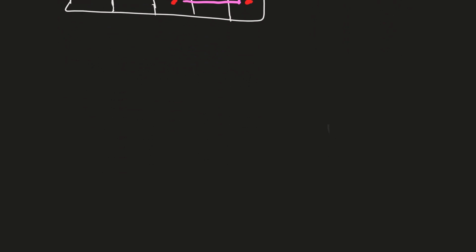Now, let's go ahead and try drawing another one. Now suppose I take this cell, this cell, this cell, this cell. Is this a loop? Well, I go from here to here, and I can go from here to here, and I can go from here to here.